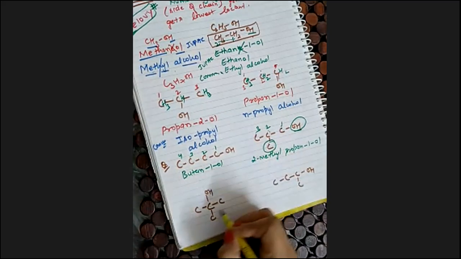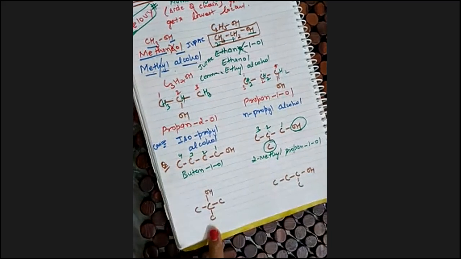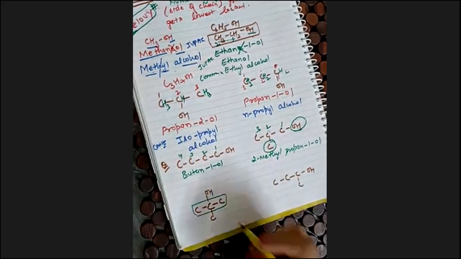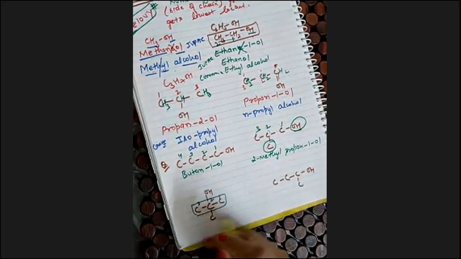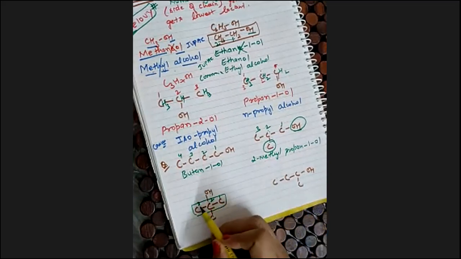Let's move to this one. In this, we have to find out the longest chain. So your longest chain will be this one. On second carbon, 1, 2, 3, either you can start from this side or that side. You will see that your locants are on the second position. So this is our longest chain. You can take this one or this one.